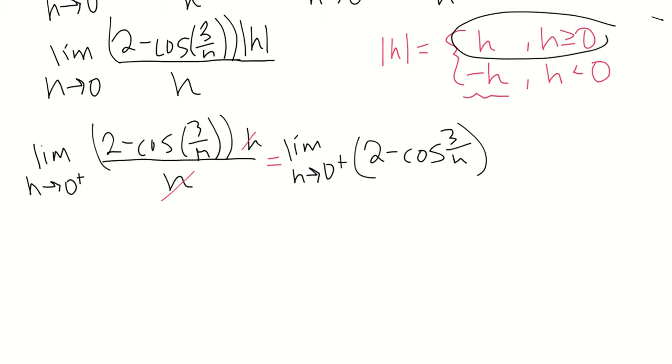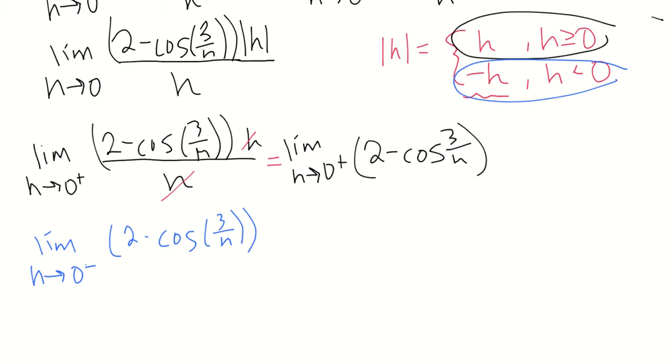Okay, now let's look at the left-hand limit. The limit as h goes to 0 from the negative. That's going to be 2 minus cosine of 3 over h. And then if we're looking at the negative values, that means the absolute value of h is negative h.